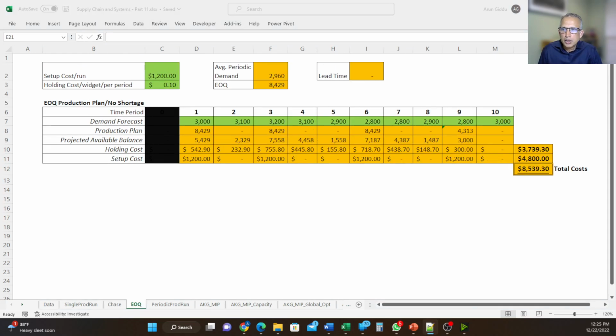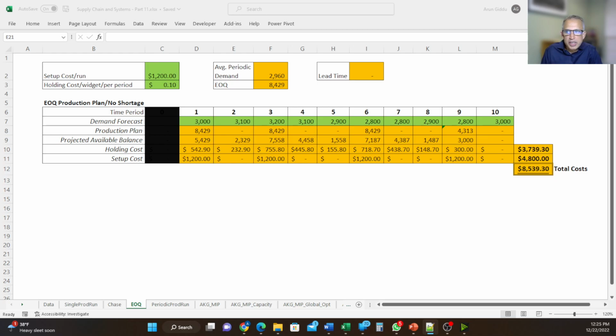Here, using average periodic demand, holding cost and setup cost, we can calculate EOQ amount or economic order quantity to manufacture. So here the quantity to manufacture is fixed, but when to manufacture varies.